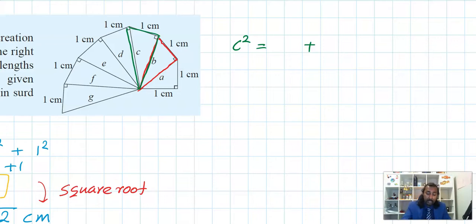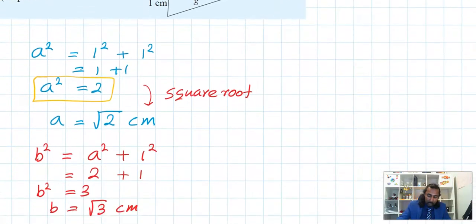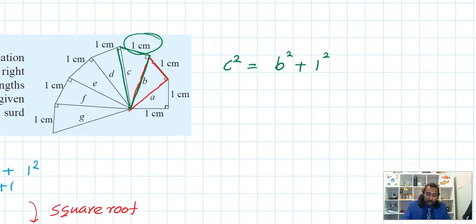What are the two sides? The b and the 1 again, which is here. Right, 1 square, b square. I know b squared. b squared is 3. Look at here, it's already there. So you just pick it and substitute, plus 1. Answer is 4.